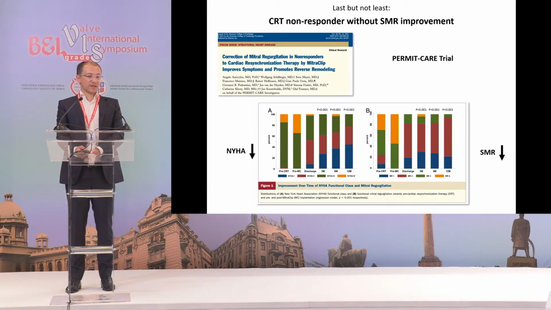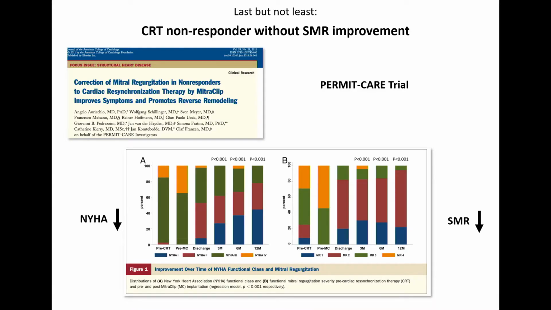Nećemo dalje ovo analizirati. Ono što je poslednje, što je nekako uvod za sledeće predavanje, je šta ako imamo CRT nerespondera koji nema popravljanje sekundarne mitralne regurgitacije ili čak zaostala, nepopravljena sekundarna mitralna regurgitacija dovodi do tog respons-a.